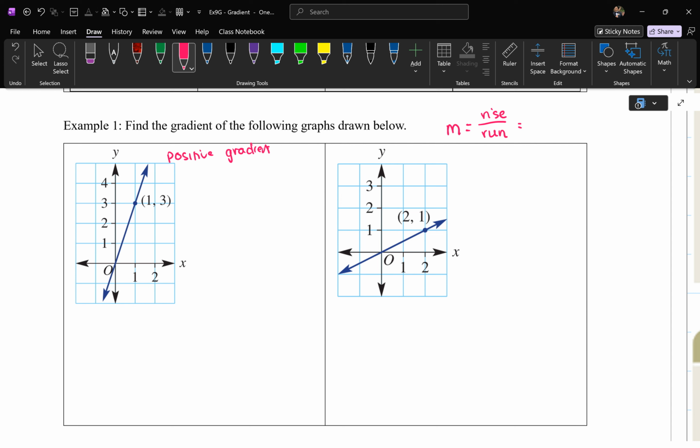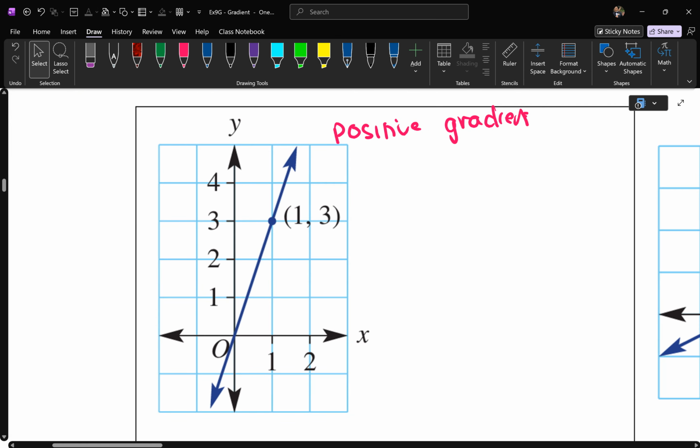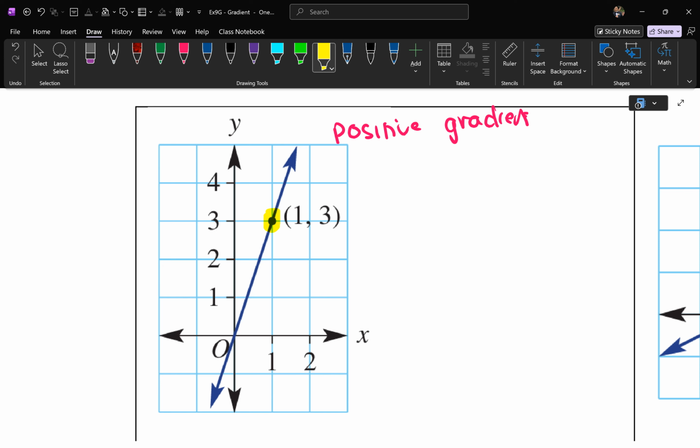Skill number 2 is to work out the gradient. Now the first thing I gave to you is rise over run. So what does that mean? You count. You pick 2 points. Pick 2 points on this graph that you can see. Now obviously I gave you 1, which is this one, 1, 3. You need to find another point so you can count how far horizontally and how far vertically.